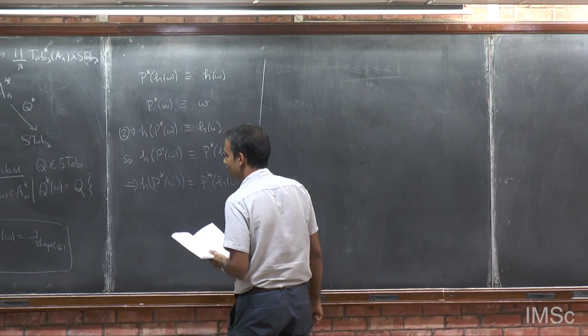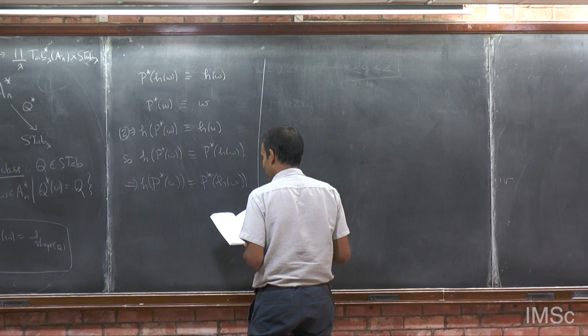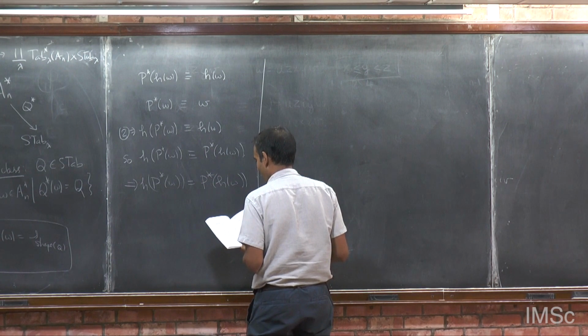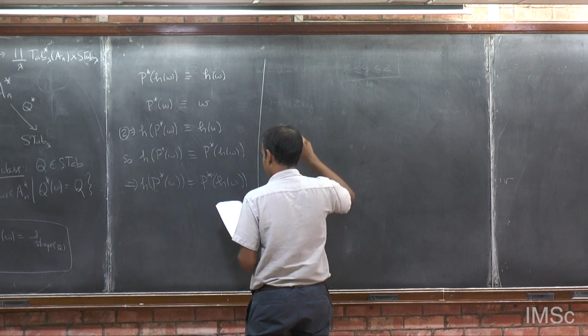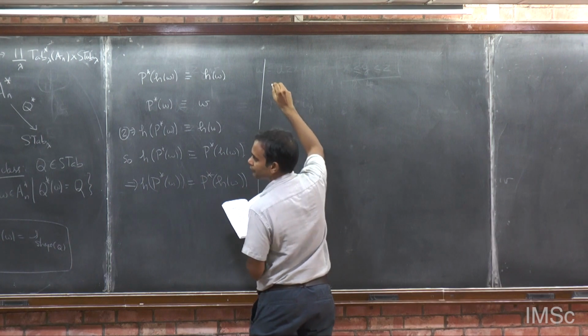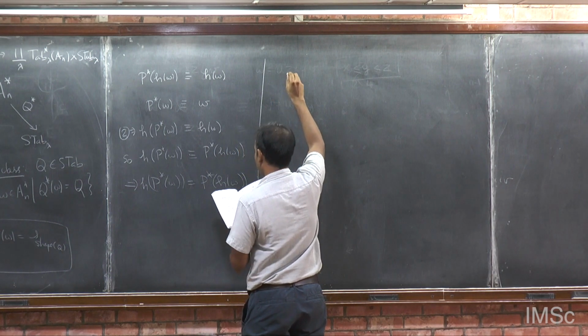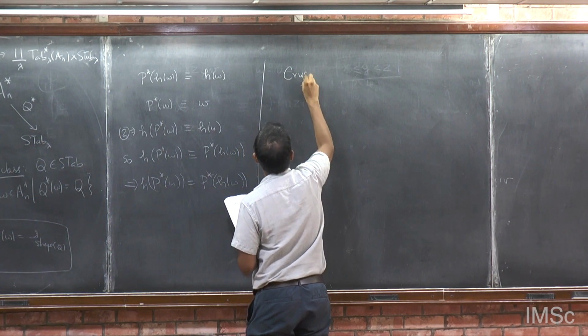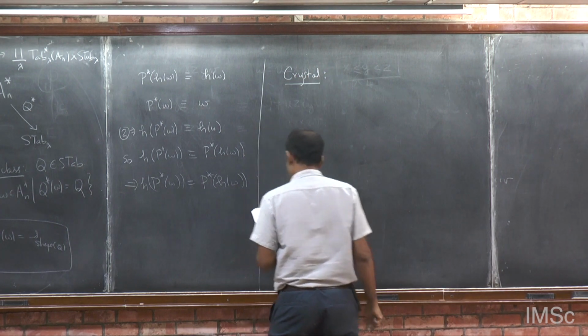Now we recall. On the one hand, we have coplactic classes, and on the other hand we have crystals. So let me define the crystal now.